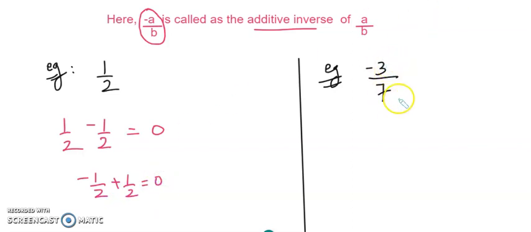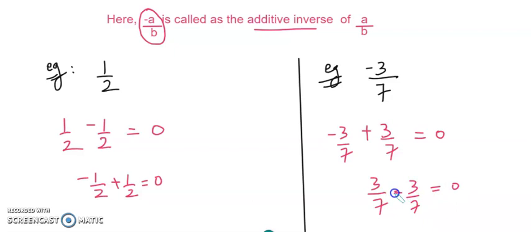Same way, I have a minus 3 by 7. Just change the sign. What will we get? Plus 3 by 7. So when you do minus 3 by 7 plus 3 by 7, it's 0. Or you do 3 by 7 minus 3 by 7, it's 0. So to find the additive inverse, you keep the rational number as such and you just change the sign. That's all. Plus becomes minus and minus becomes plus.